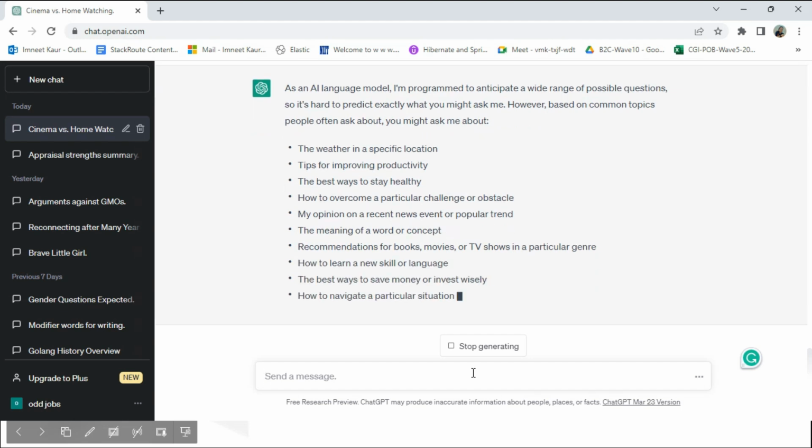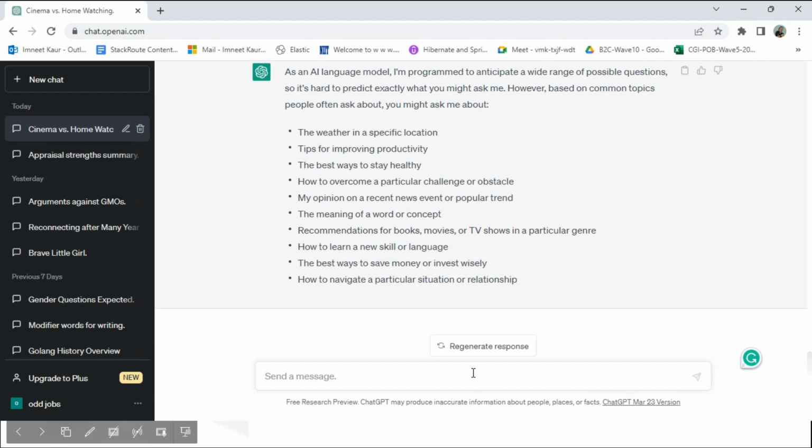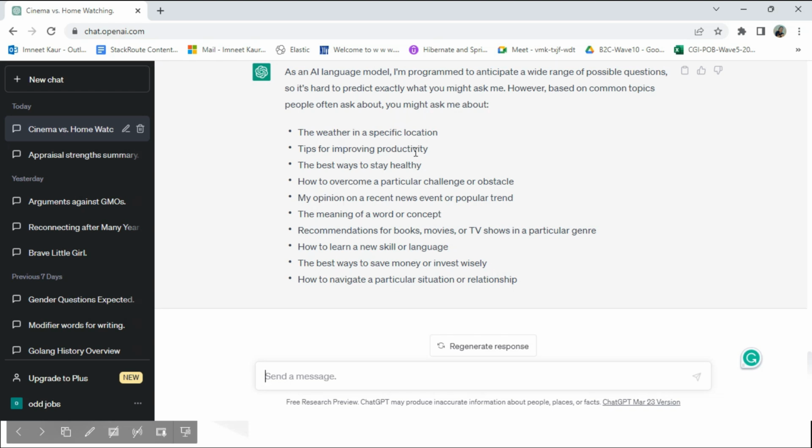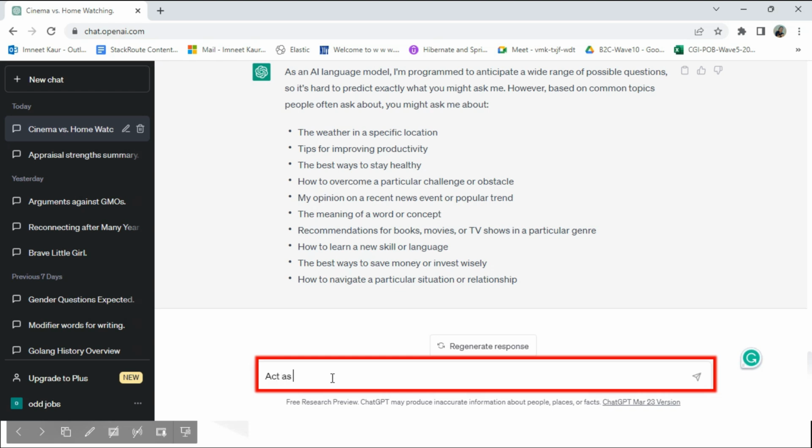You can see how it has responded to this question. It has said, you might ask me about the recent topics or the common topics which people often ask about. Okay, now let's try another example prompt. Act as a role of interviewer and question me on financial market.